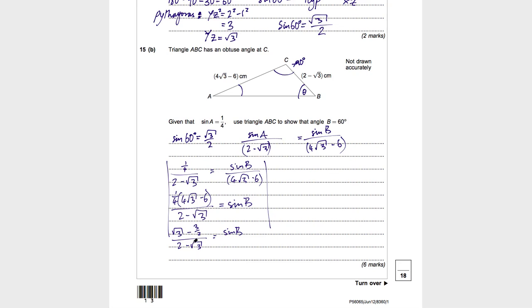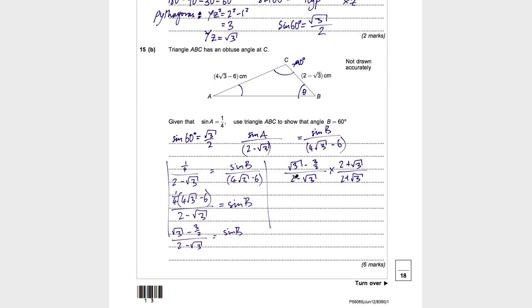I now need to rationalize the denominator in that one. So √3 minus 3/2, rationalizing the denominator, I need to multiply by the plus version of that, so that's times by 2 plus √3 over 2 plus √3, so multiplying by 1 in the form 2 plus √3 over 2 plus √3.